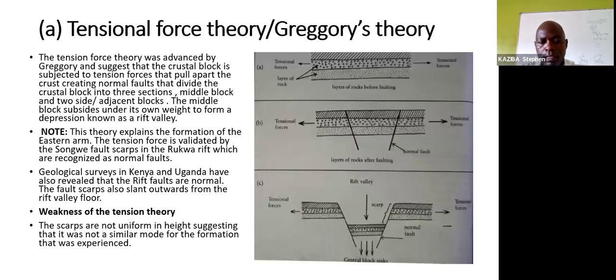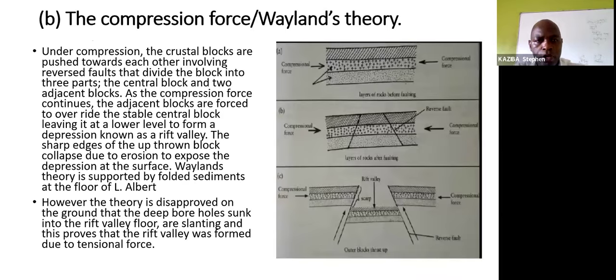Then when you're done with that, you go to another theory, which is the compressional force theory. Of course, that one is associated with the converging convective currents, which lead to compression forces, which act on layers of the Earth's crust, leading to development of reversed faults. And land is divided into 3 blocks.